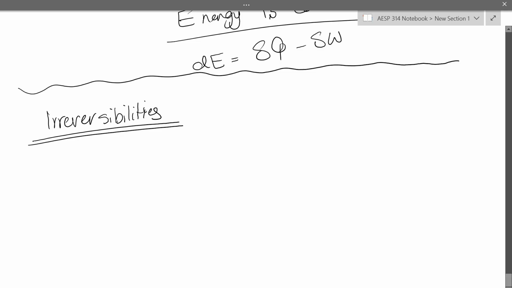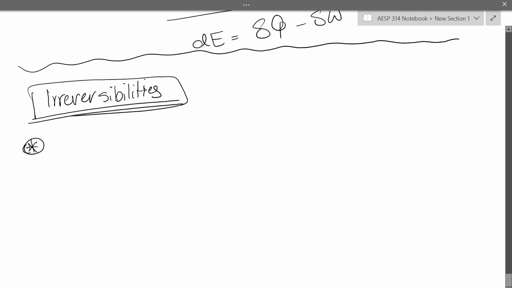We can't really convert all of the heat to work. Some of the heat should be transferred to another heat source, which you usually call QC. So based on this idea, we have 3 different statements when it comes to the second law of thermodynamics.